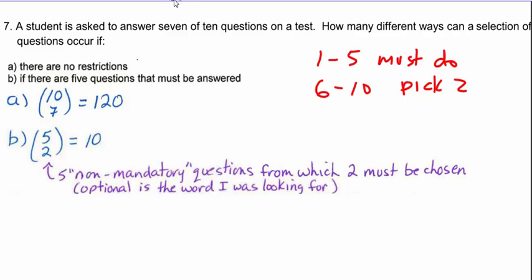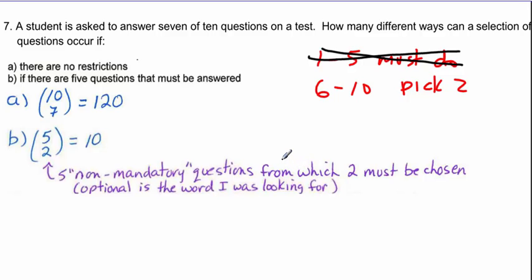Well, in that case, this first group of 5 questions doesn't even come into play. So now essentially I have questions 6 through 10, there's 5 of them. I have to pick 2, and so it's simply 5 choose 2 is 10. And that's kind of what this says here, hopefully: 5 non-mandatory questions from which to choose 2. The other ones are not of interest to me.